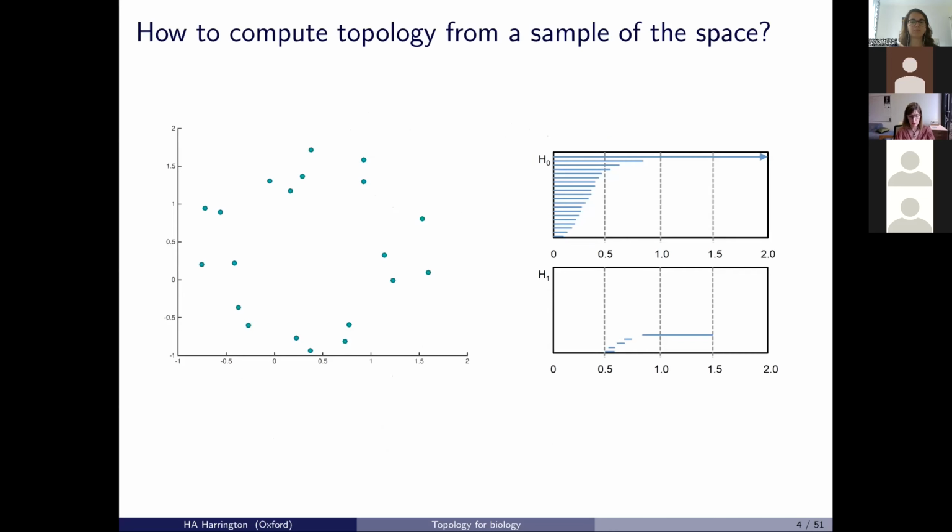So if I ask what's the topology of this point cloud, and I give you these points, a subset of R2, and I say let's use the Euclidean distance, then the first thing we would do is build this higher order graph called a simplicial complex.